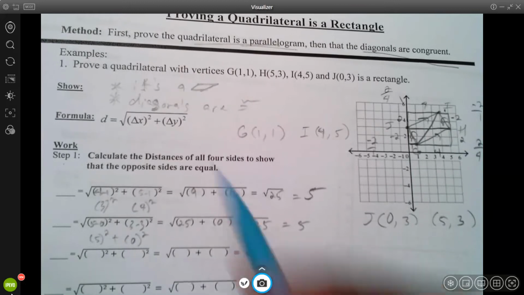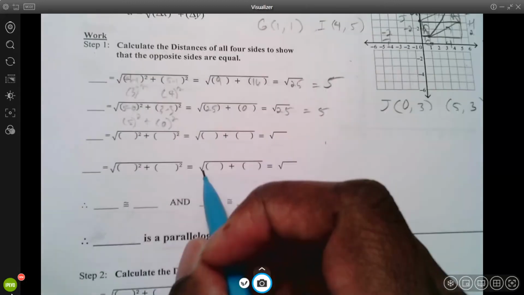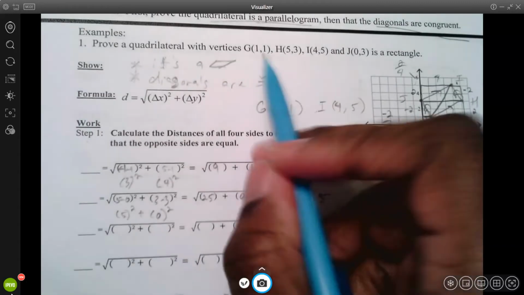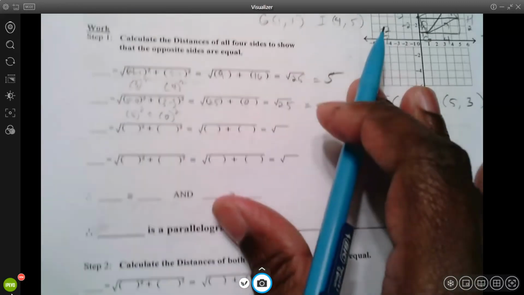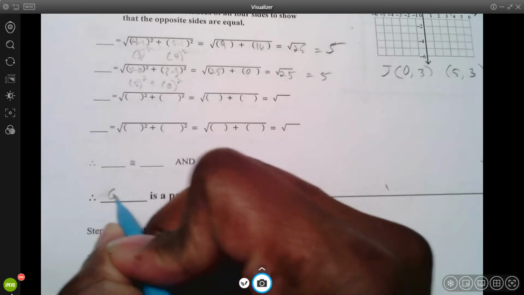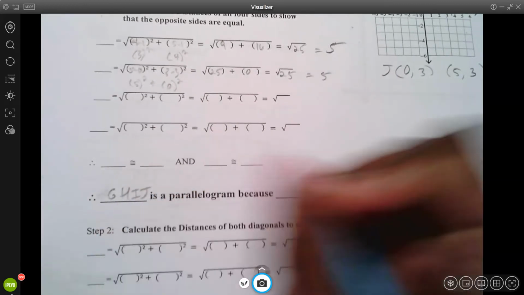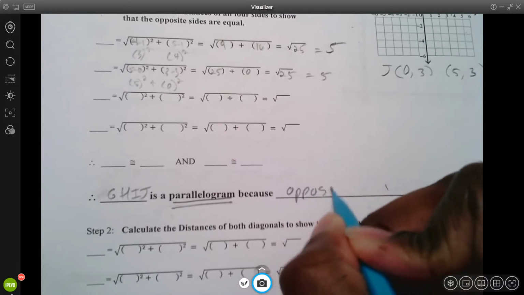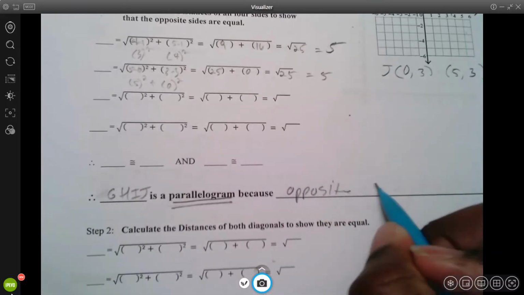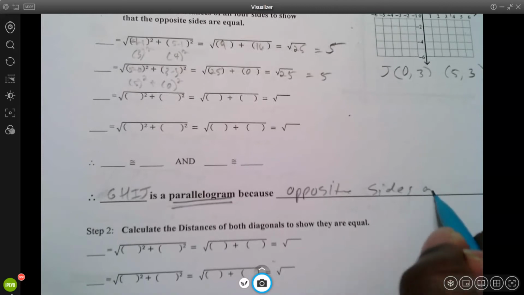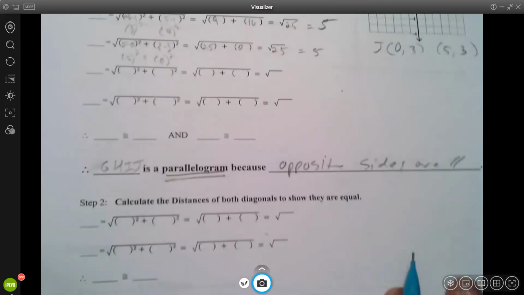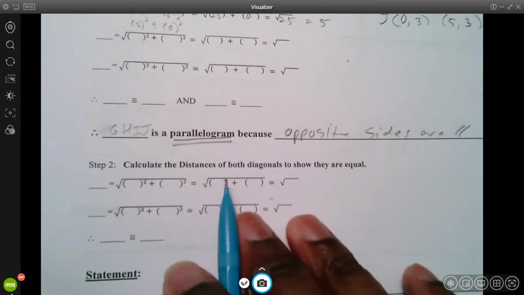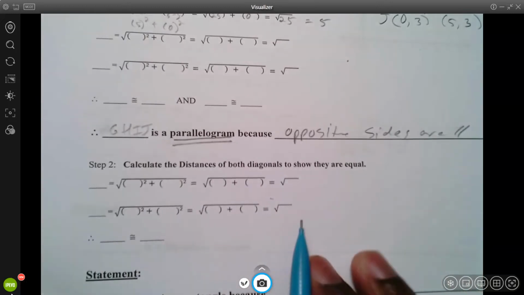So since it is a parallelogram and the diagonals are congruent, I can say that the shape, the letters are G, H, I, J. So GHIJ is a parallelogram because opposite sides are parallel. And then step 2 is calculate diagonals. We already proved that they're both 5.